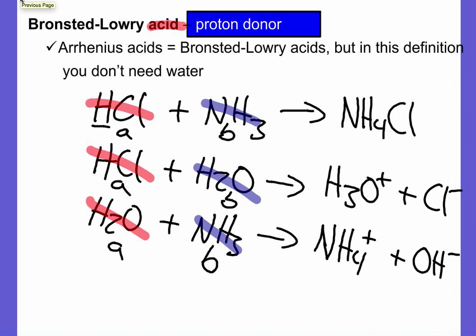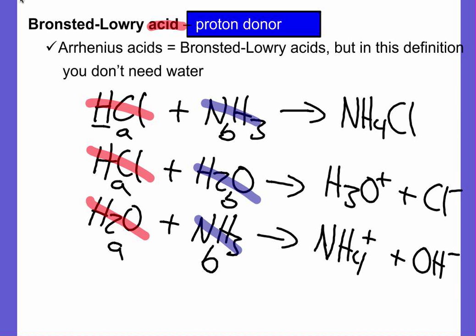Whereas this ammonia here that's a Bronsted-Lowry base is also an Arrhenius base because it leads to hydroxide ion in solution. So it can be both. Right? Water in this context right here, acting as a base, is not an Arrhenius base, because did I make hydroxide over here?